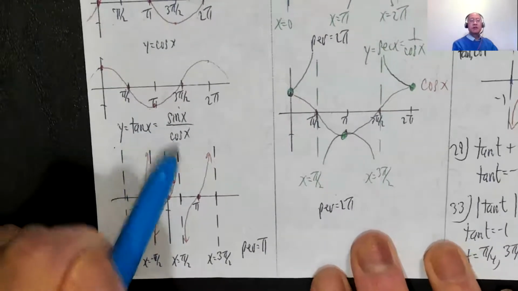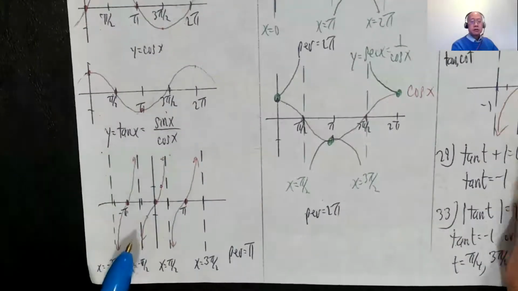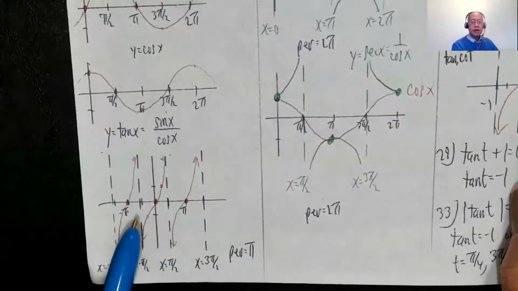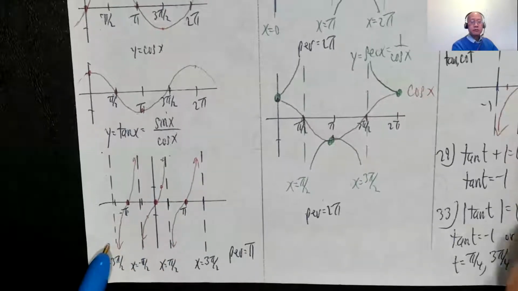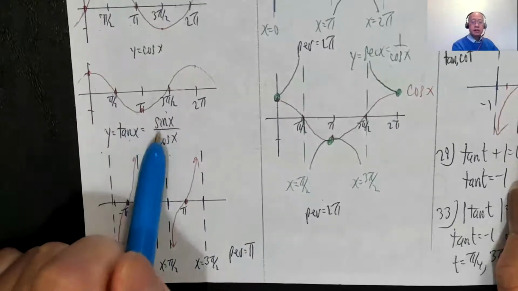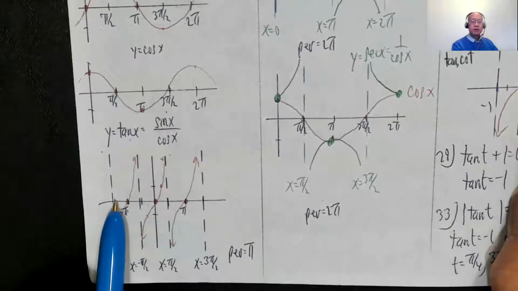Okay, tangent was sine over cosine. So whenever the cosine is 0, the tangent is undefined. So undefined at pi over 2, 3 pi over 2, negative pi over 2, negative 3 pi over 2. Whenever the sine of x is 0, so is the tangent. So tangent is 0 at 0, pi, negative pi, and so on.